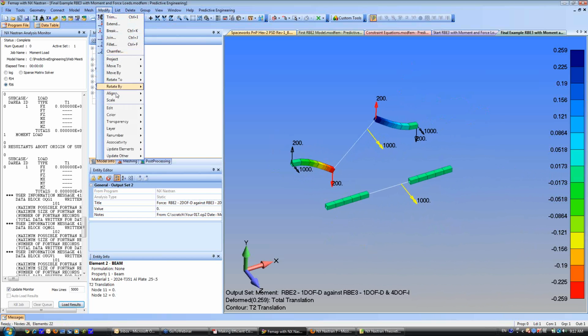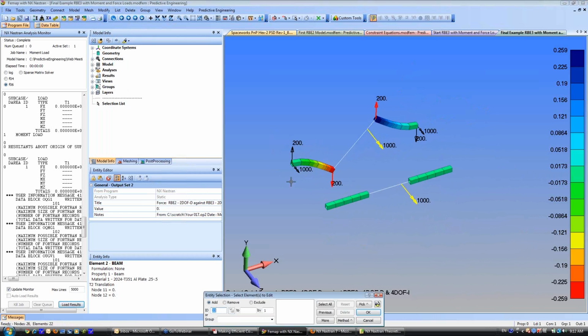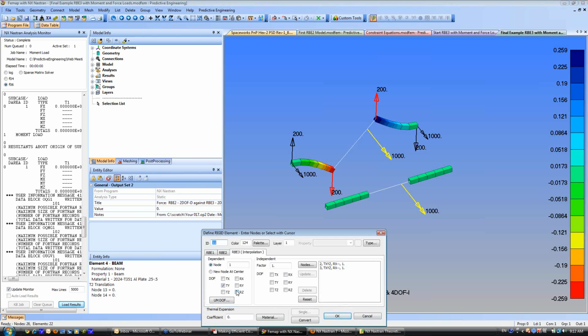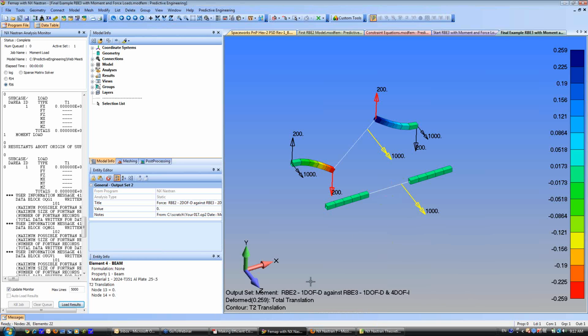And the RBE3 in front, it's not doing anything. It's stable, but the dependent Ty, since we're not transmitting moment, it can't transmit anything to the Ty. There's nothing there. So based on that, you get nothing.